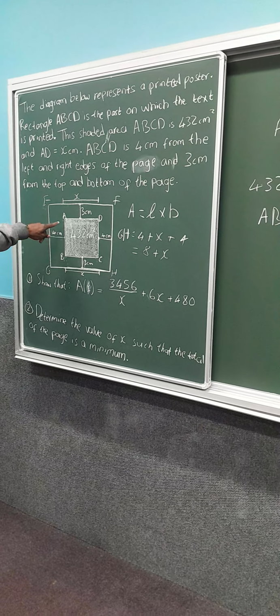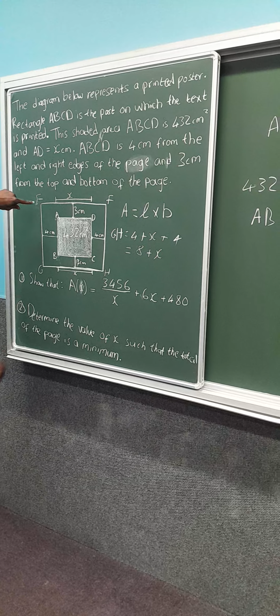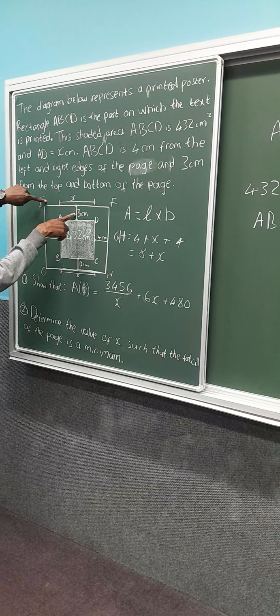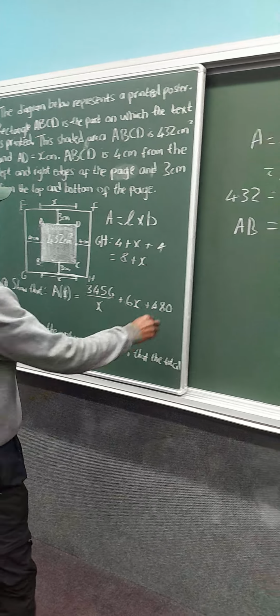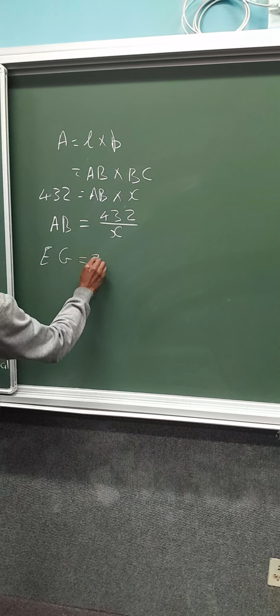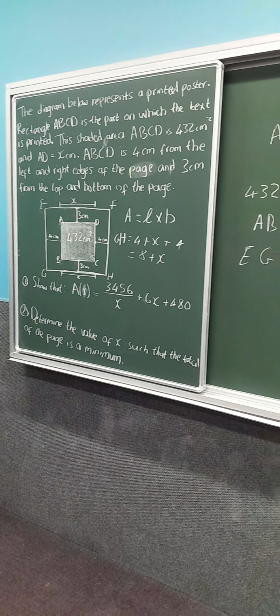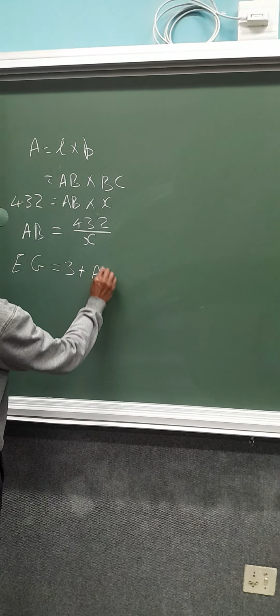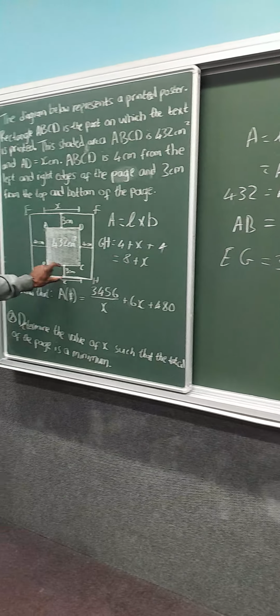Now, using that length of AB, we are going to find the length of EG, because we said the length of EG is 3 plus AB plus this small portion, which is 3 as well.